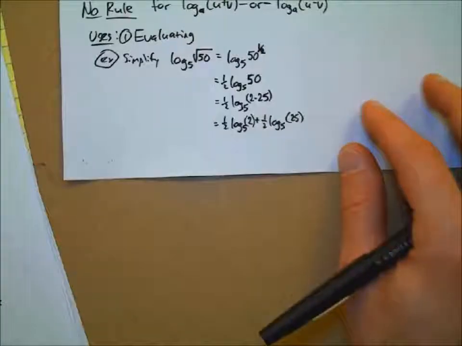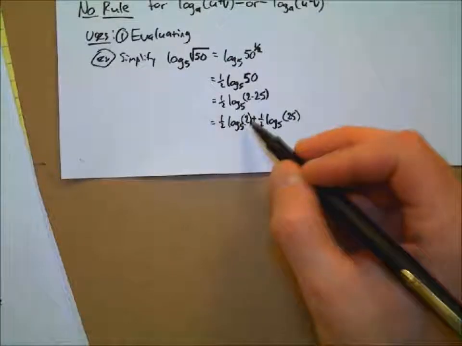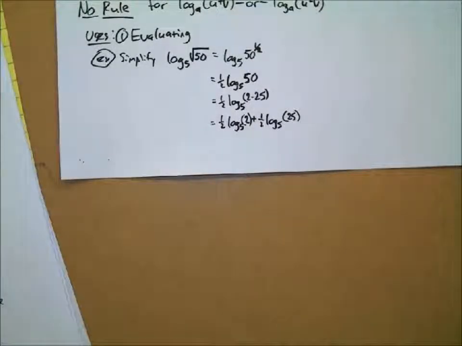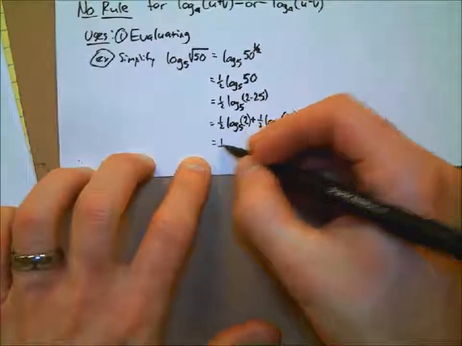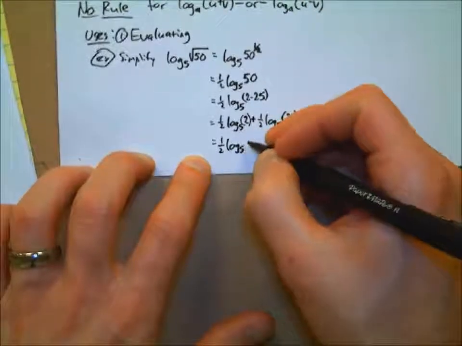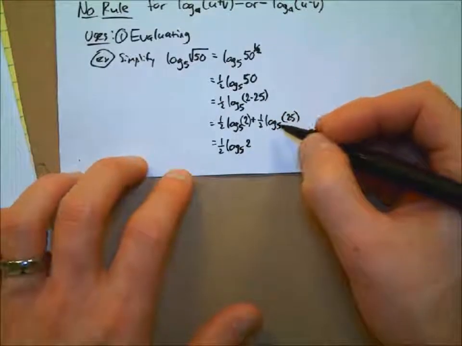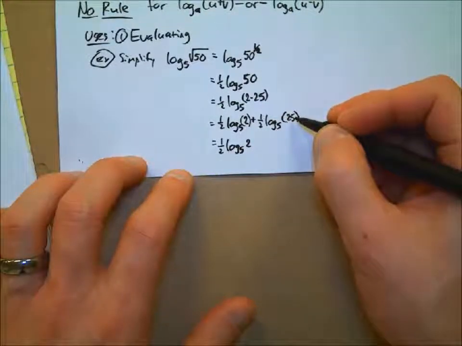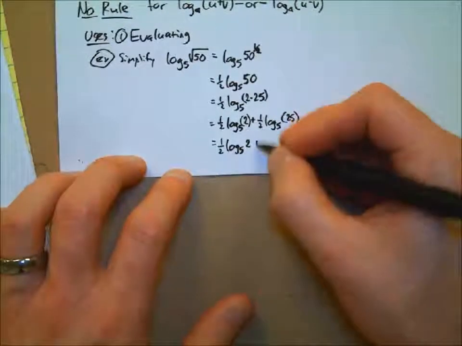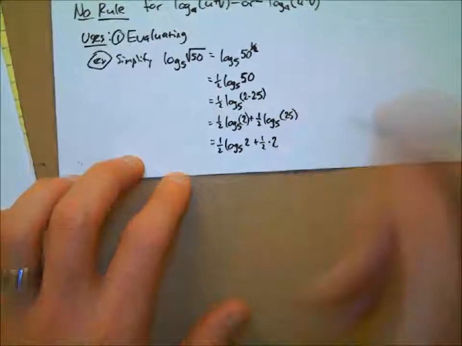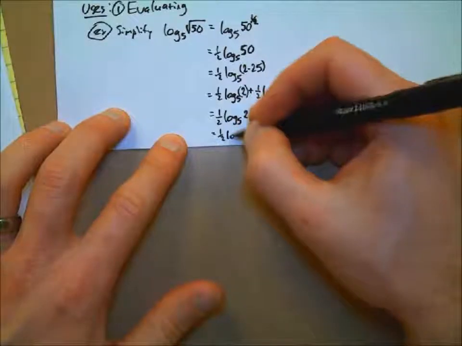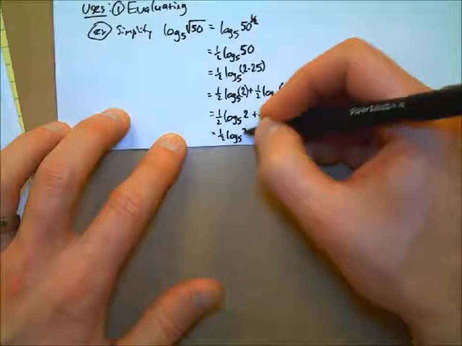All right. Can we simplify log base 5 of 2? No. Unfortunately, that's going to have to stay 1/2 log base 5 of 2. Can we simplify log base 5 of 25? Yes. What is that? It's 2. And so we end up with 1/2 log base 5 of 2 plus 1.